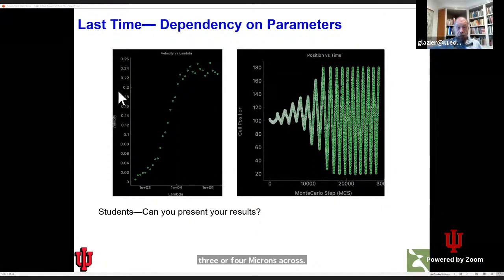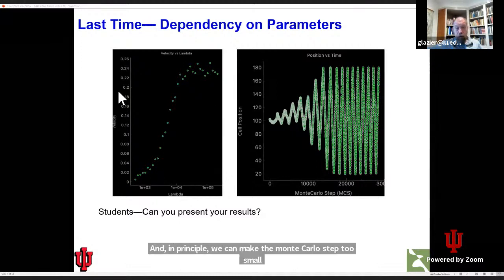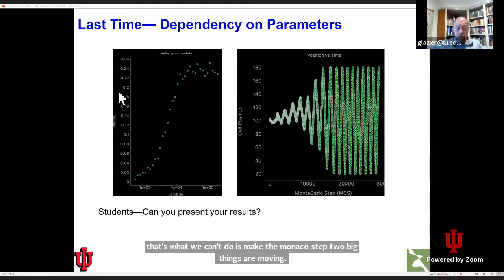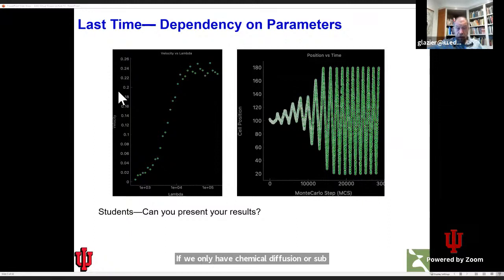Once we picked the length scale and the size of the simulation, then we need to look at what one Monte Carlo step represents. And in principle, we can make the Monte Carlo step as small as we want in real time. But what we can't do is make the Monte Carlo step too big if things are moving. If we only have chemical diffusion or subcellular chemical reactions, then we could make the Monte Carlo step be anything we want.